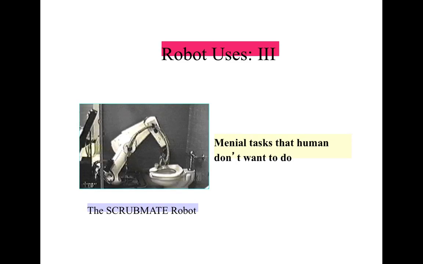The next one is, as I told you, some jobs that humans do not want to do. As we know, bathroom cleaning can be done by a robot. In such a situation, we can use this type of robot just to clean your bathrooms.